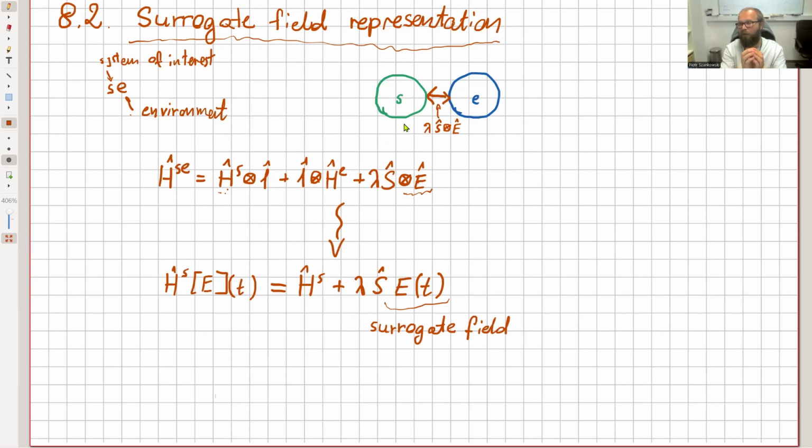But if you want to have a total description of every possible dynamical property of system S, then you have to be able to calculate multi-time correlation functions.